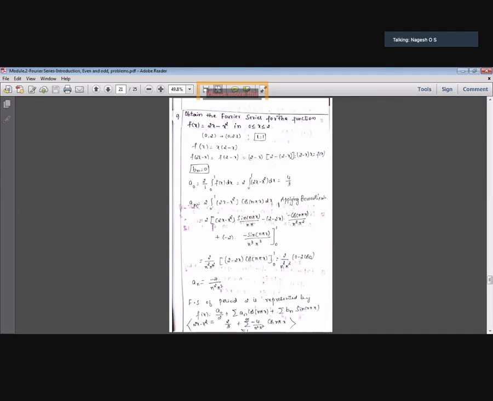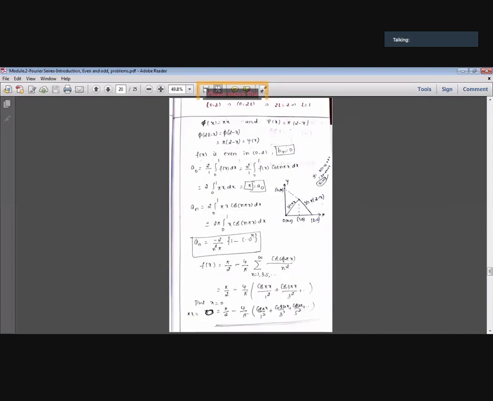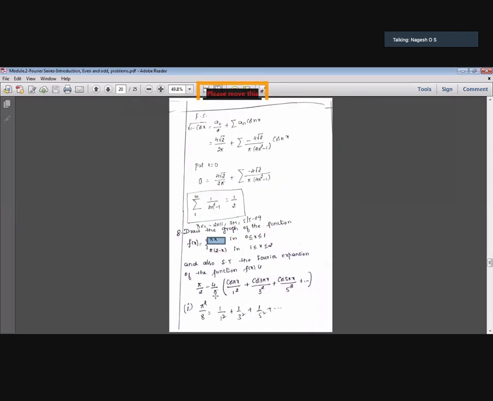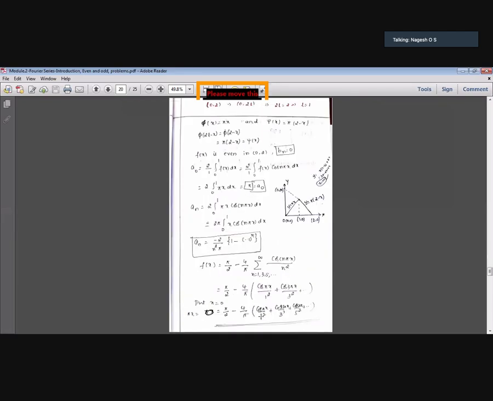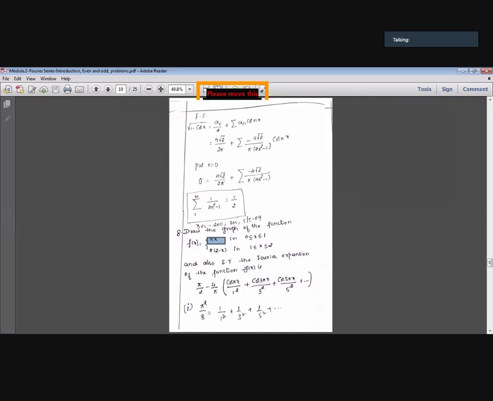Next, this is the given problem. Sorry, this is what we wanted to show: pi x minus 4 by pi cos pi x by 1 square.